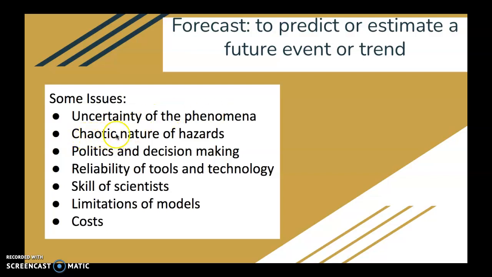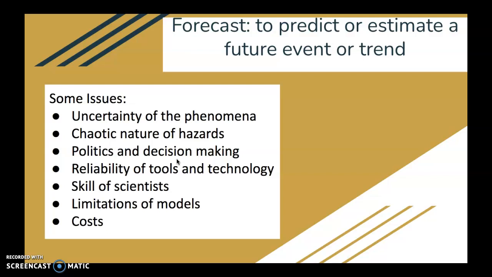There's a lot of chaotic nature or chaos or randomness to these hazards. There's also political and decision making that people can influence that can affect our ability to forecast.